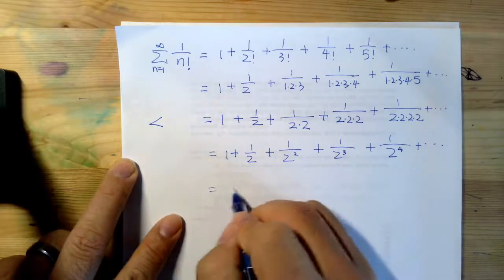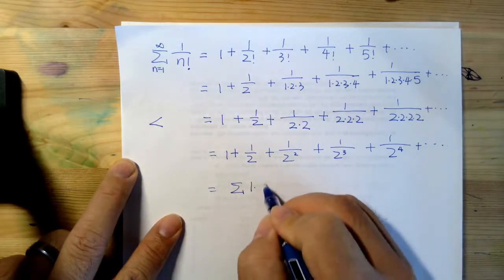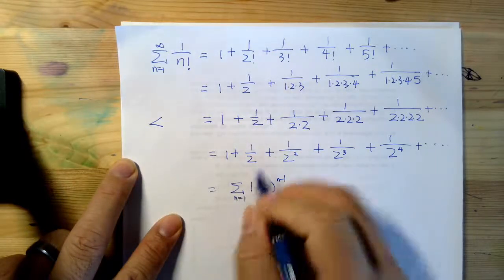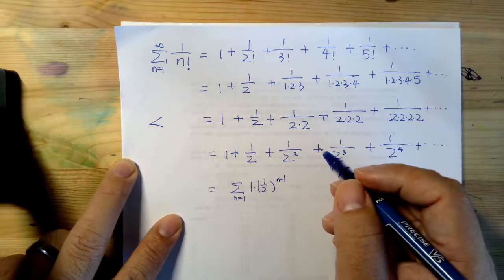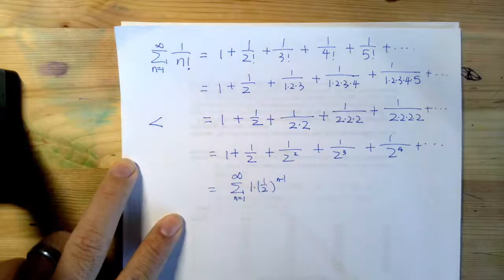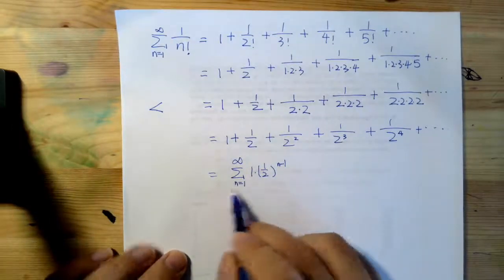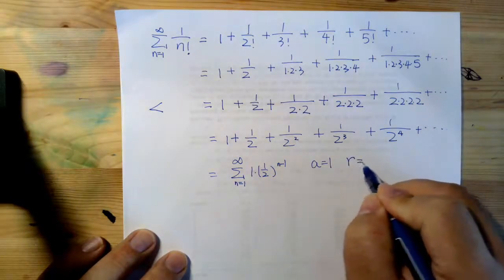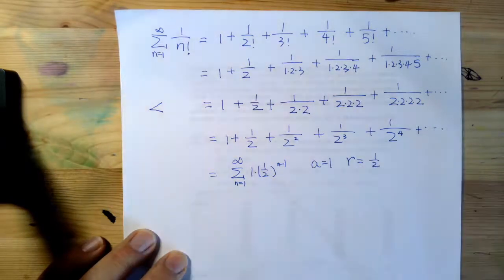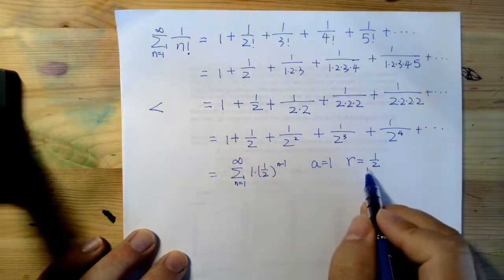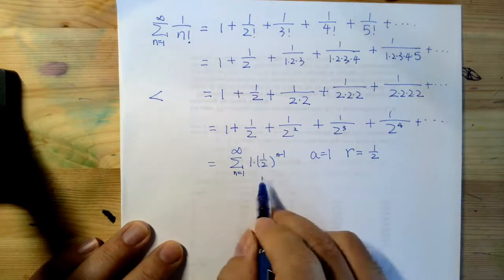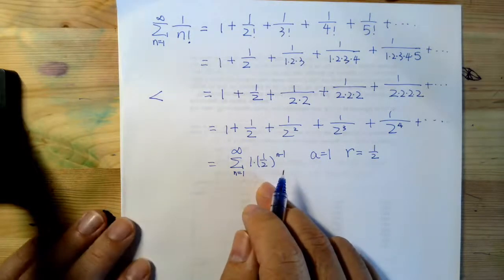And then if we write it out, it's going to be 1 times 1 over 2 to the power of n minus 1, starting from 1 to infinity. So this is a geometric series with a equals 1, the first term, and r, the common ratio, is 1 over 2. And from here, we can conclude that this geometric series is convergent.